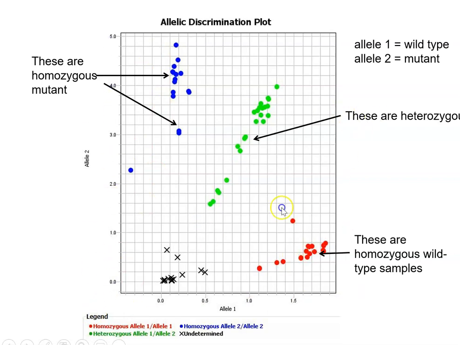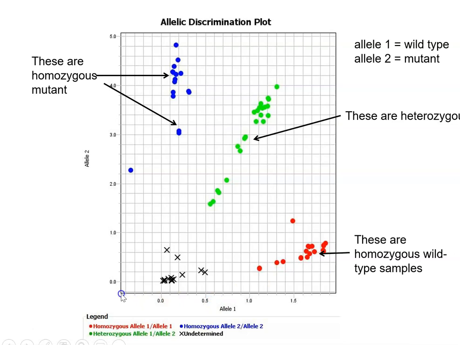So these samples here are homozygous wild type. Allele 1 was wild type in this particular example. So they have earlier CT values and more fluorescence than allele 2.